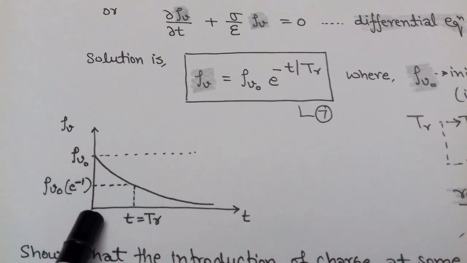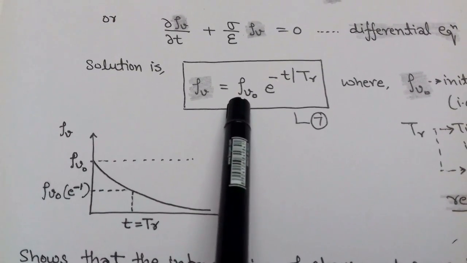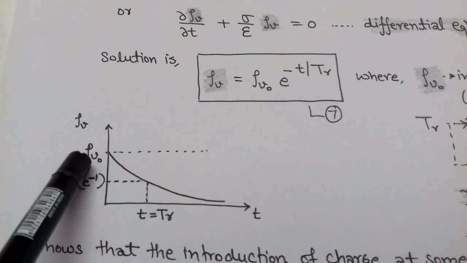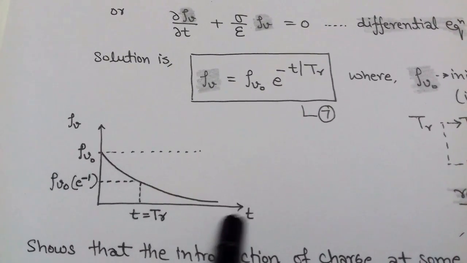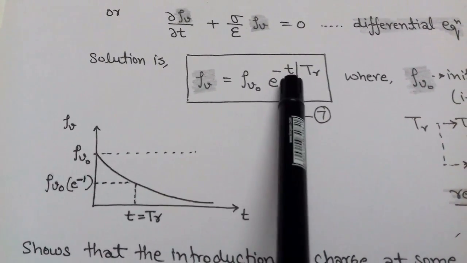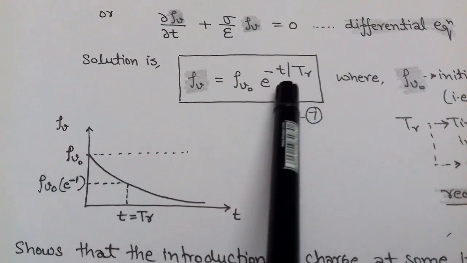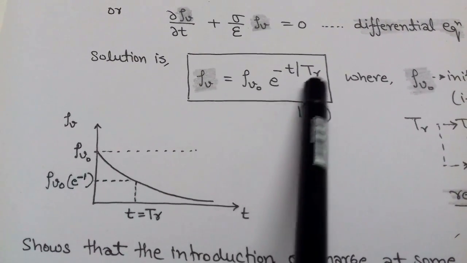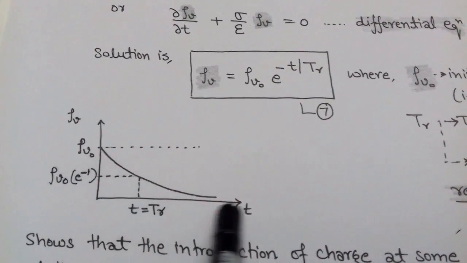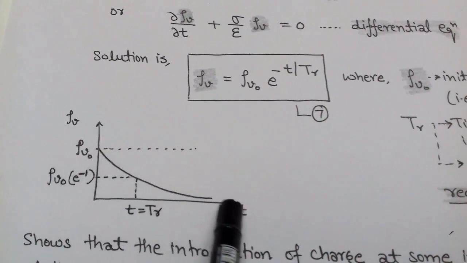Now when we put time t equals 0, we get the initial charge density rho V naught. As time increases and tends to infinity, e to the power minus infinity equals 0, meaning as time tends to infinity, the volume charge density rho V tends to 0.